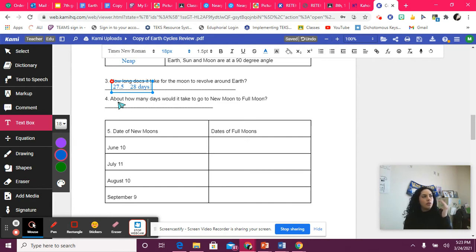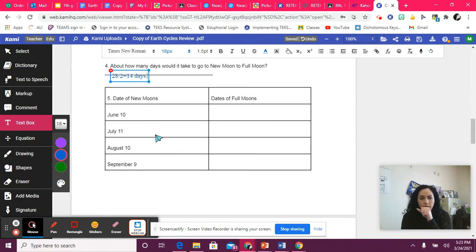So if we want to know how long it takes for a full moon to go to a new moon or vice versa, all you have to do is divide. 28 divided by 2. It's approximately 14 days for a full moon to go to a new moon, and vice versa.